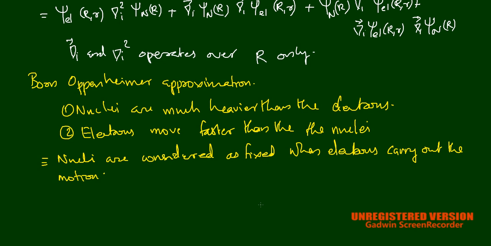When the electron moves around the nucleus, the change in nuclear position is negligible. So compared to the electron, you can assume that the nucleus is at rest. This has a very big advantage in simplifying the calculation.